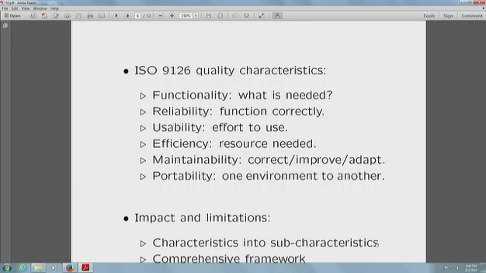If something is maintainable, it is probably more likely to be portable. If it is likely to be portable, it is more likely to be maintainable as well. So those two are very closely related. But the other things are probably not that closely related. They each cover some specific areas.